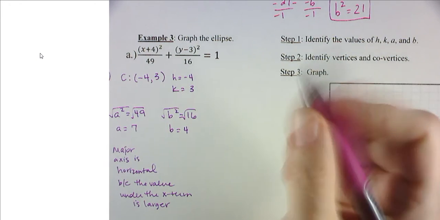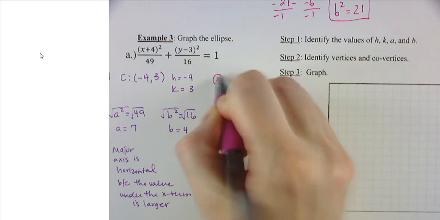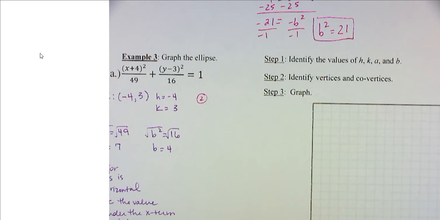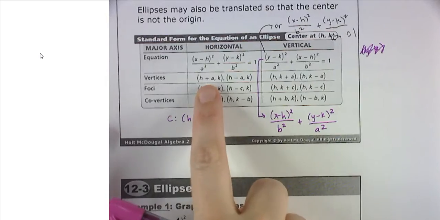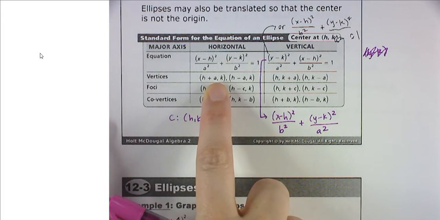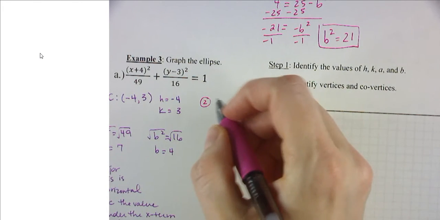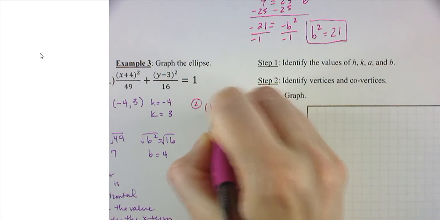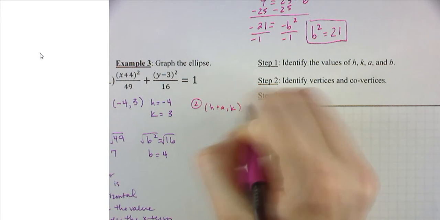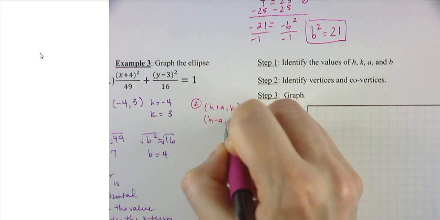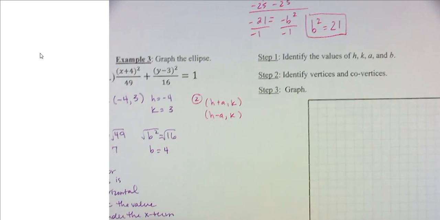Okay, so then the vertices, if we look back to our chart, if it is horizontal, have the form H plus A comma K, and H minus A comma K. Okay, so this takes into account your A value being plus or minus.